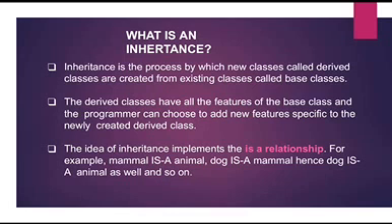Visibility mode specifies whether the features of the base class are publicly inherited or privately inherited. It can be public or private.